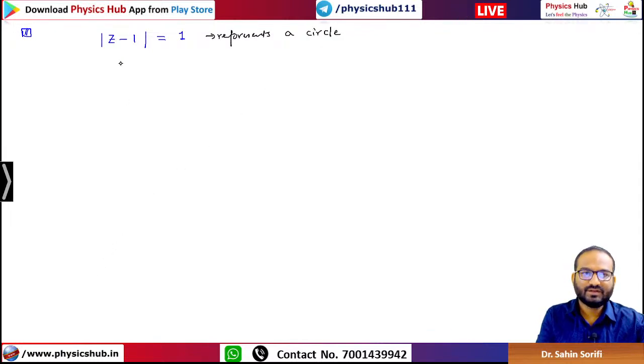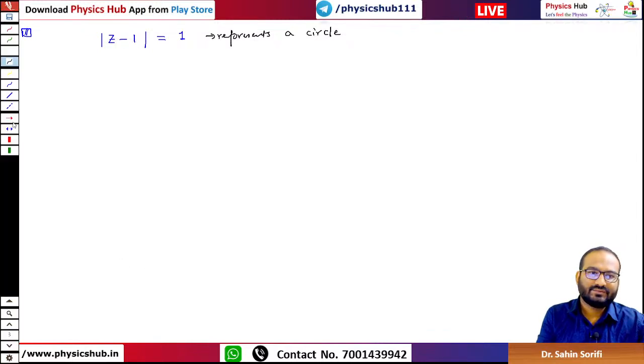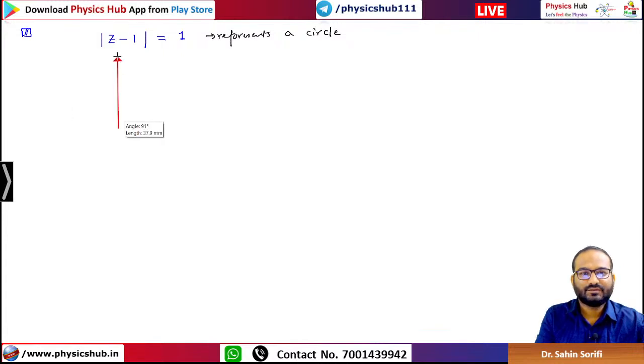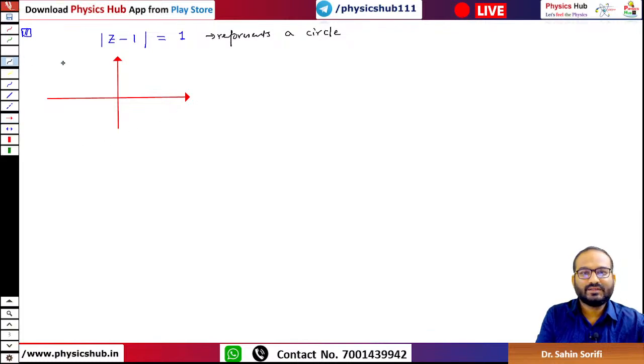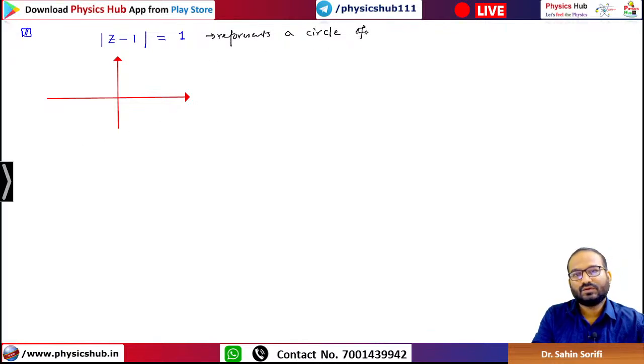Okay. Now mod of z minus 1, where does the center lie for this circle? Can you tell me? First of all, this represents a circle of unit radius. Whatever you see on the right hand side of the mod, that is the radius. Okay, this is x, this is y.